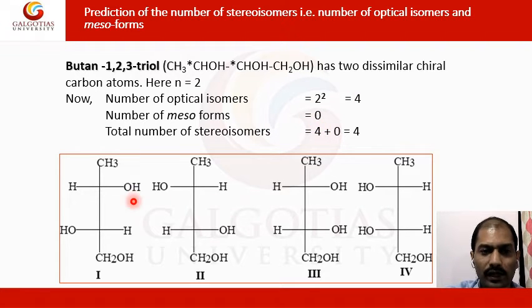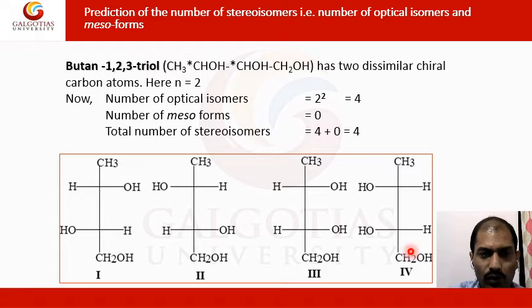So you can see here also in these molecules 1, 2, 3, 4. So the 3, 4 type, this is the mesoform, obviously. This is not optically active, and this is not exactly the mesoform, because this is the CH2OH group and this is the CH3 group.